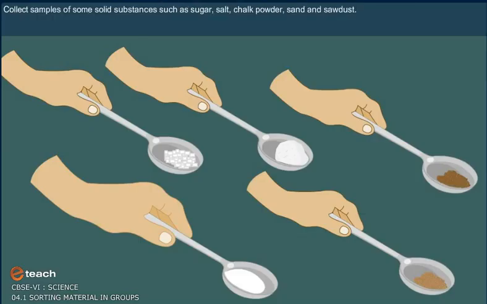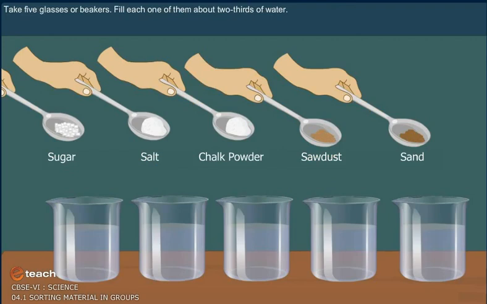Collect samples of some solid substances such as sugar, salt, chalk powder, sand, and sawdust. Take 5 glasses or beakers. Fill each one of them about 2/3 with water.